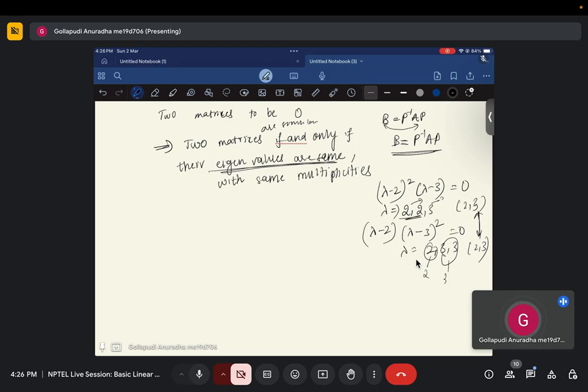So you can check the eigenvalues. The method of finding whether there is a P existing or not is going to be lengthy, but this will be handy for you. So let's try to find eigenvalues for this.